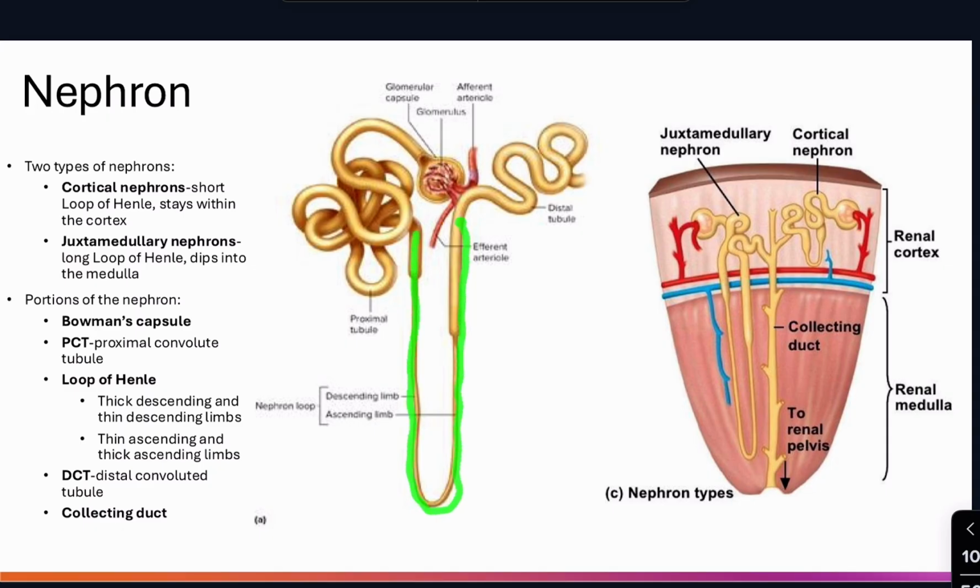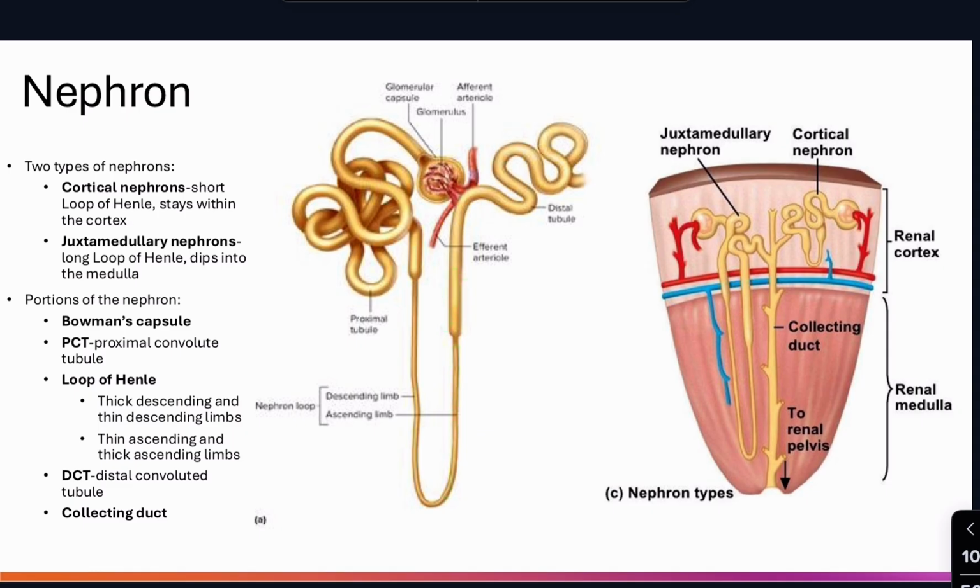The parts that are going down and up, and that little loop at the bottom, are collectively known as the loop of Henle. So you're going to have descending limbs and ascending limbs. Descending being the parts of the tube going downward toward this loop, and the ascending limbs being the parts going upward, away from the loop.